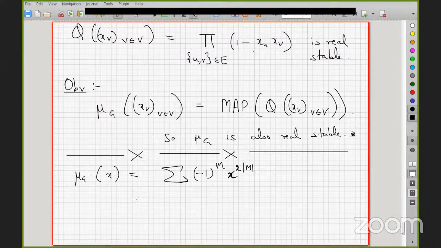You're plugging all variables equal to x into the matching polynomial. Yeah.